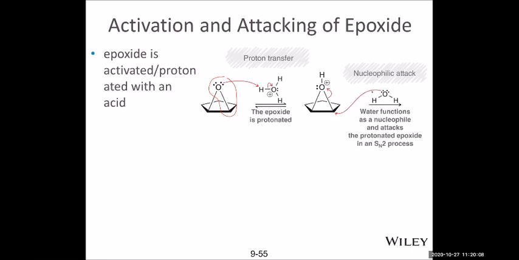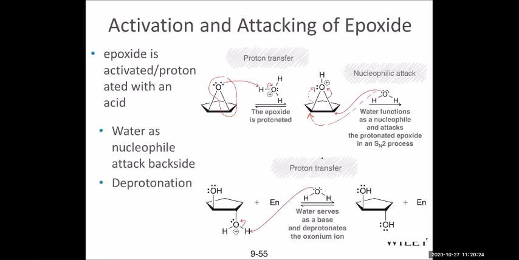The ring opening can happen on both carbons, and each one gets a different product. If coming from this direction, you break this bond, so you get two kinds of product. Anyway, in this chapter we just need to know the anti stereochemistry of the diol.